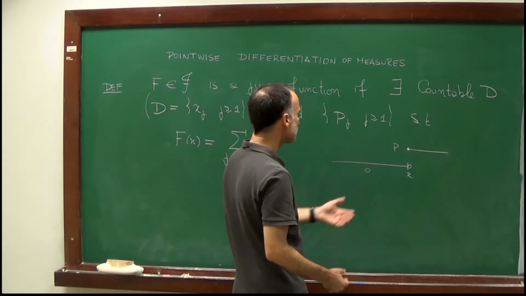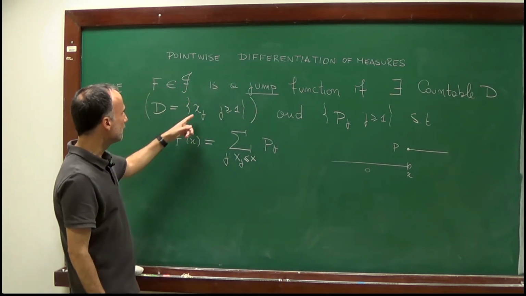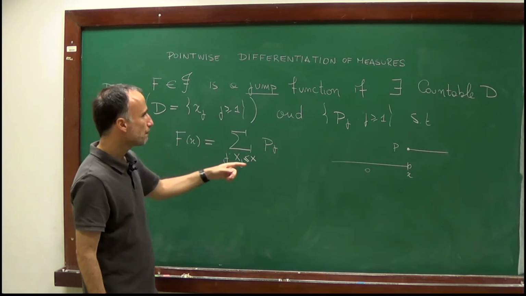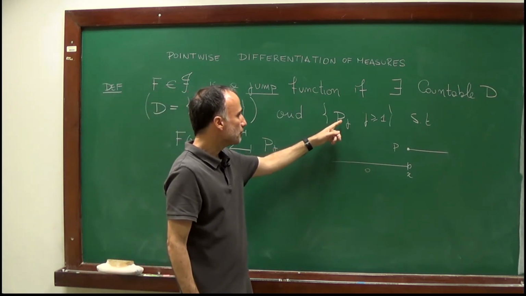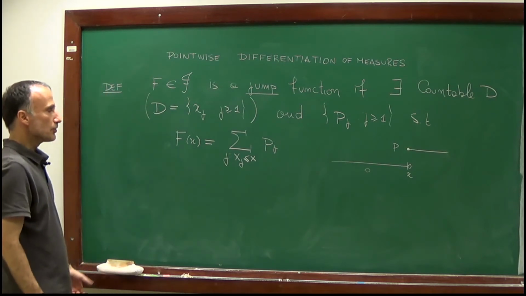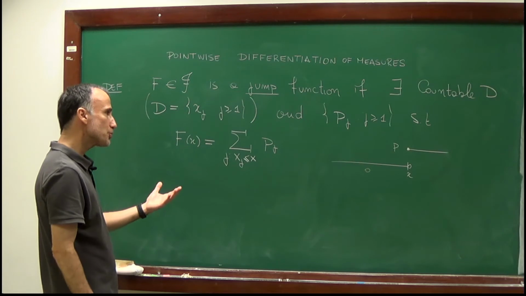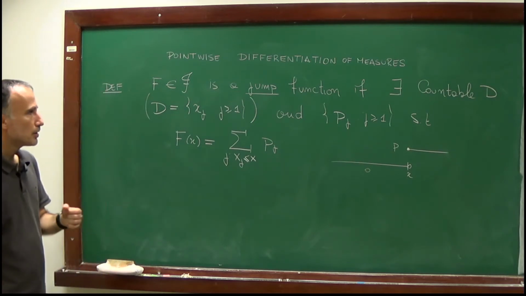This is of course a jump function, and the countable set D is just the point x, and the weight pj is just the weight p.